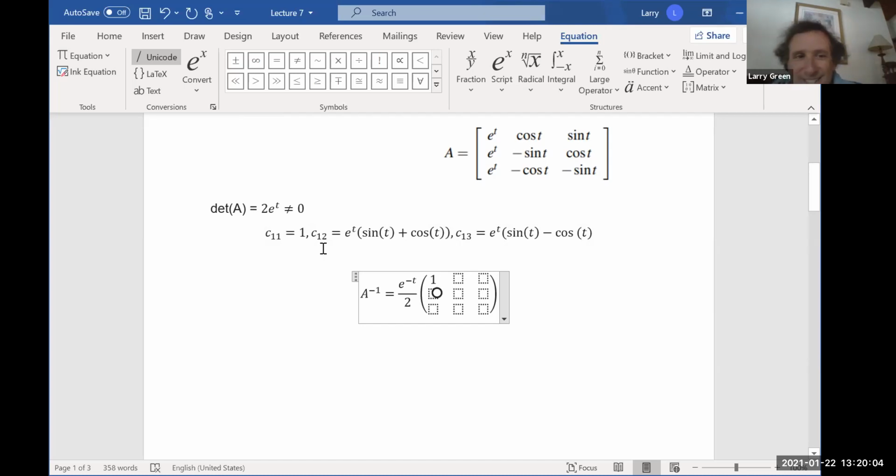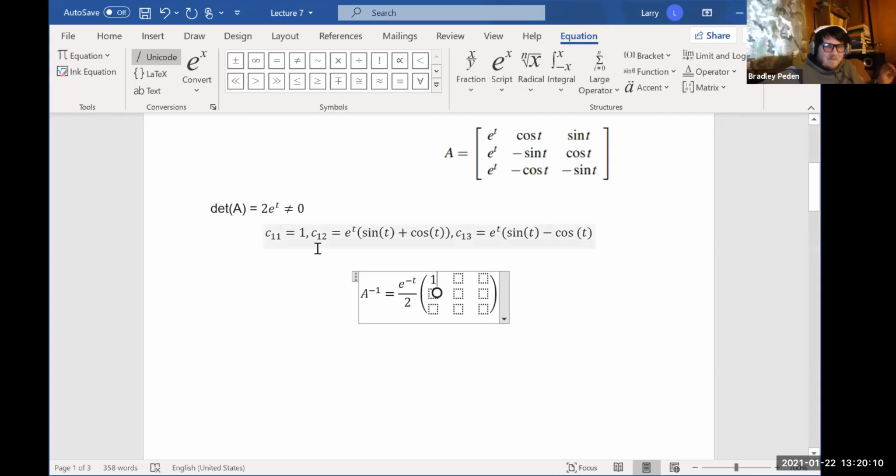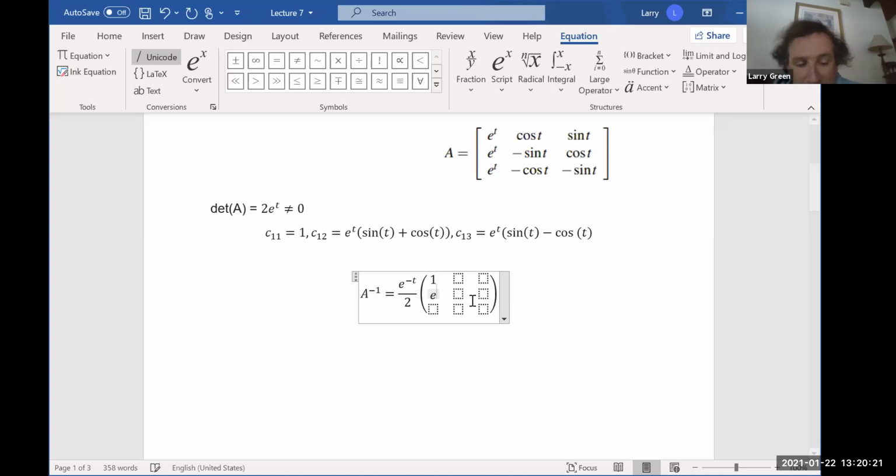It's second row, first column. Yeah, because remember, we're taking a transpose. So instead of first row, second column, it's first column, second row, because you switch the role of row and column. So that means this guy here is going to be e to the t times sine of t plus cosine t.